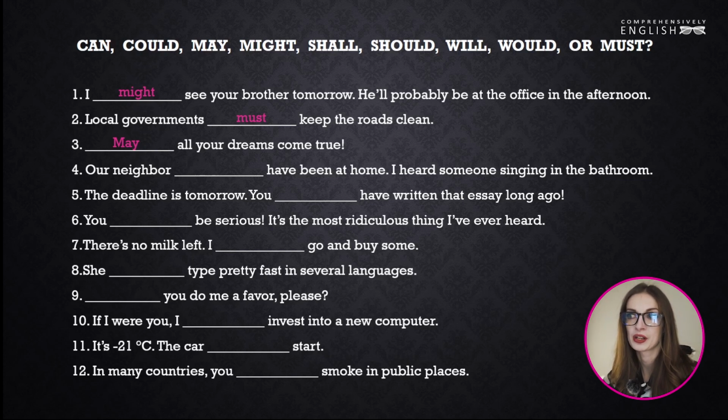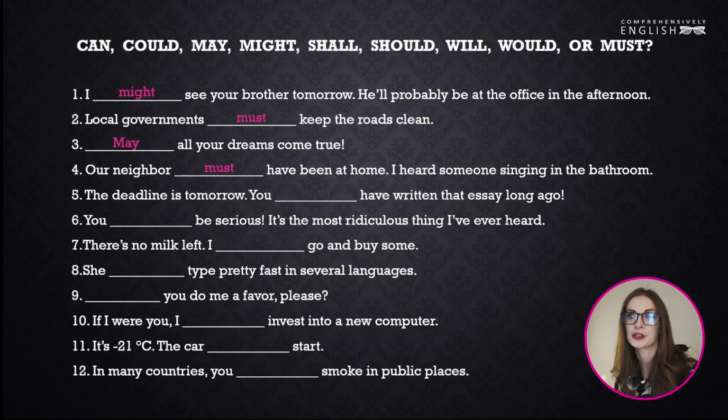Number 4. Our neighbor have been at home. I heard someone singing in the bathroom. Okay. Our neighbor must have been at home. So if we compare this sentence to number 1, we'll see that both of them express probability or possibility. But in the first case, we have doubts.